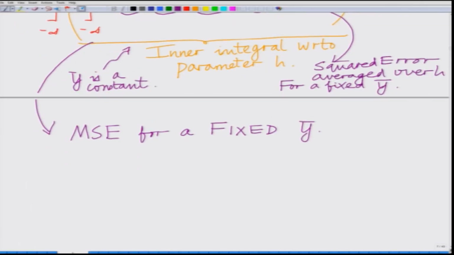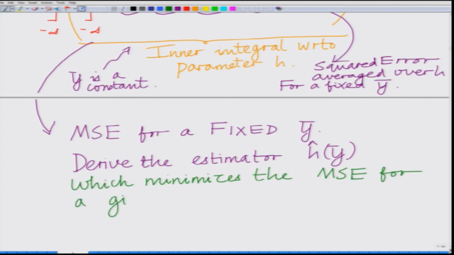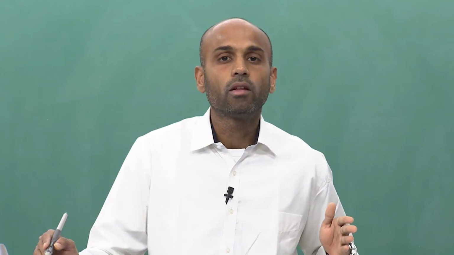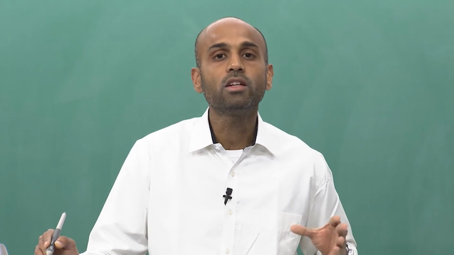So, what I am going to do now is derive the estimator h hat of y bar which minimizes the MSE. For every given observation vector y bar, we derive the estimator h hat of y bar which minimizes the mean squared error averaged with respect to the parameter h.